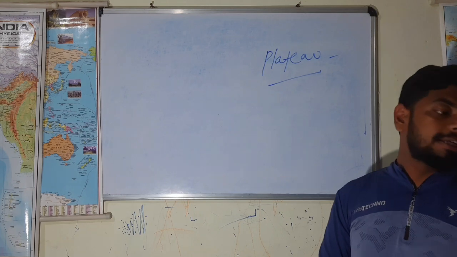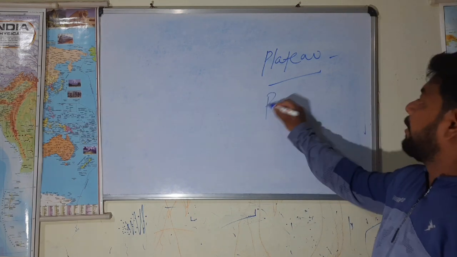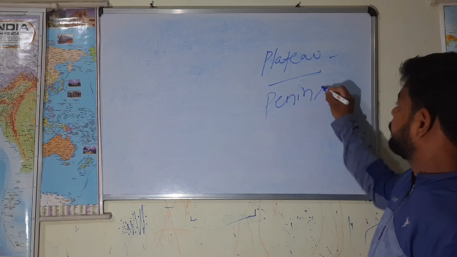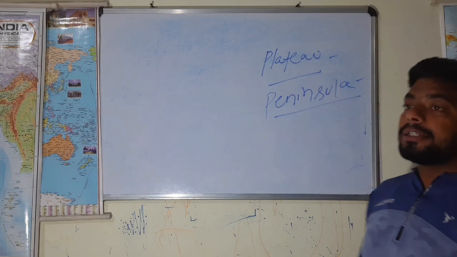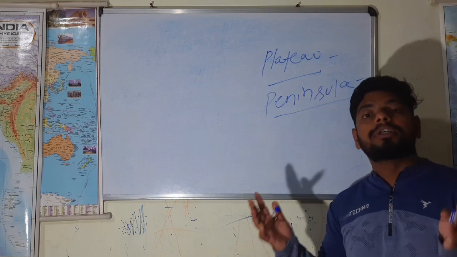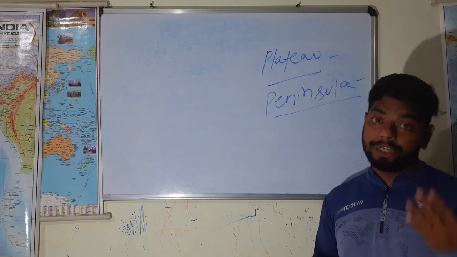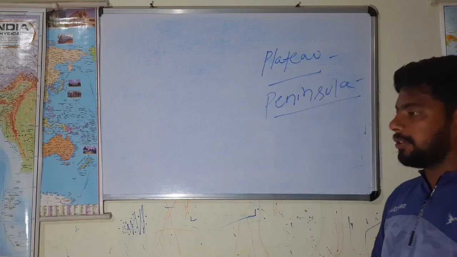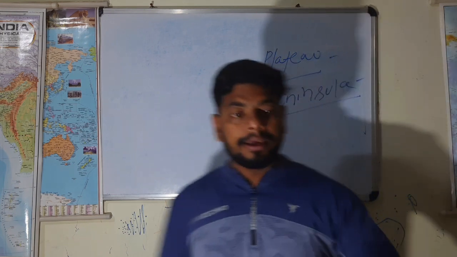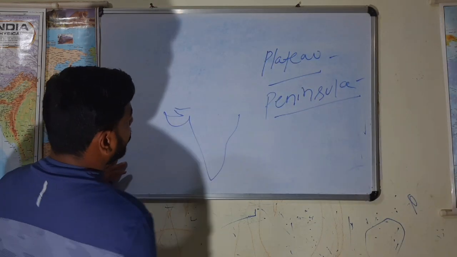Another term which arises here is peninsula. What is that? Peninsula means a region which is surrounded by water on three sides, like India, right?